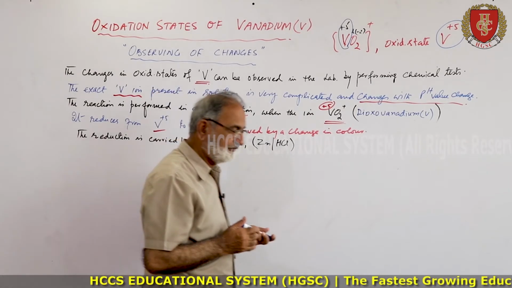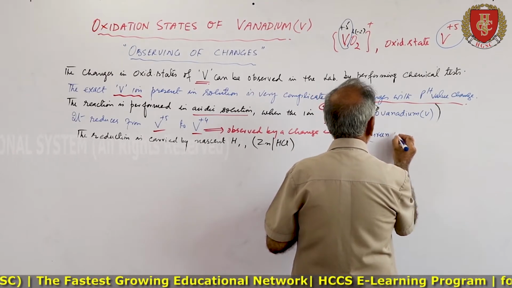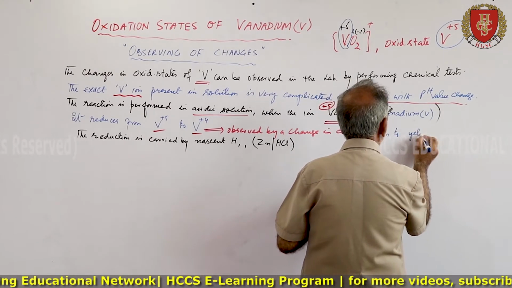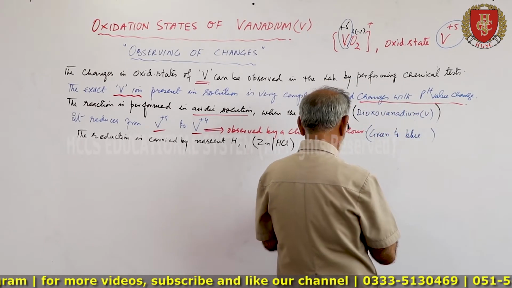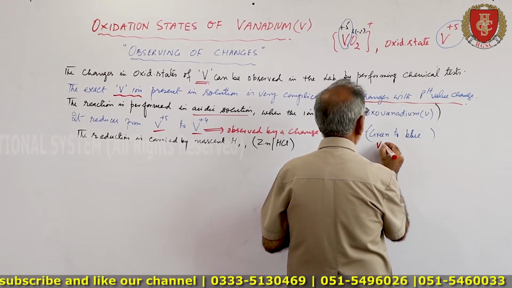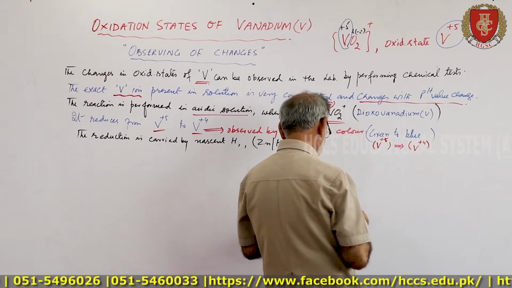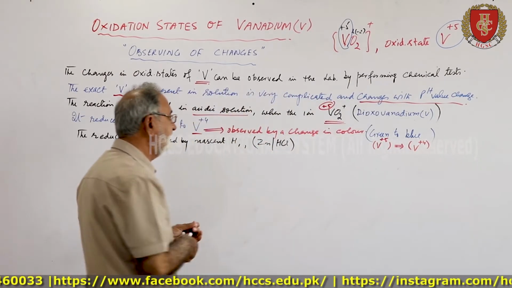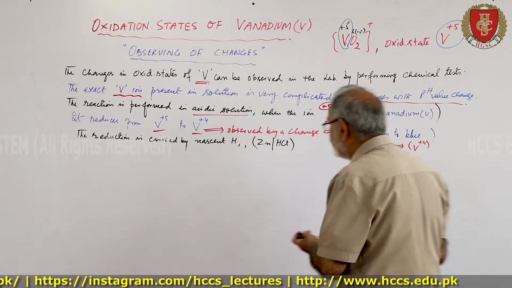Yellow to green, green to blue. So here it is V+5 and here it is V+4. This is exactly the change which is carried by the reduction.